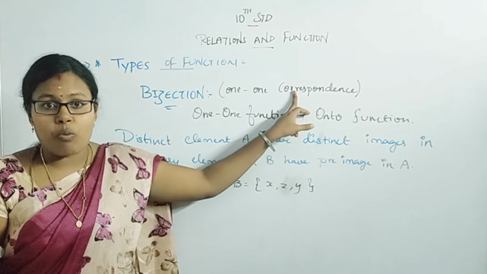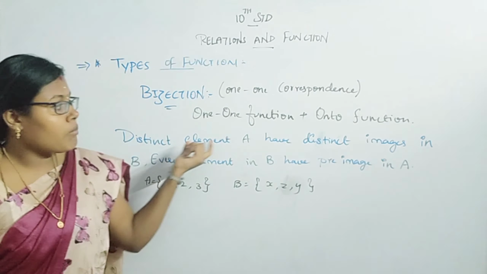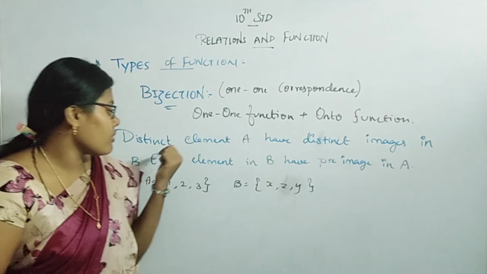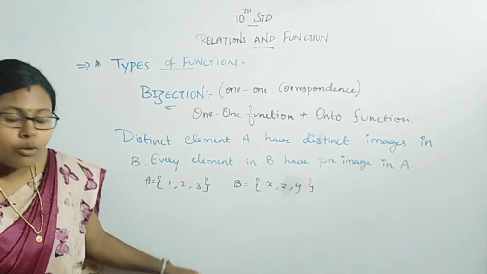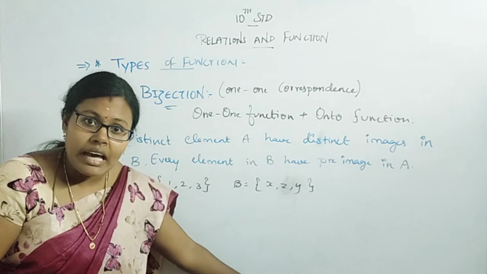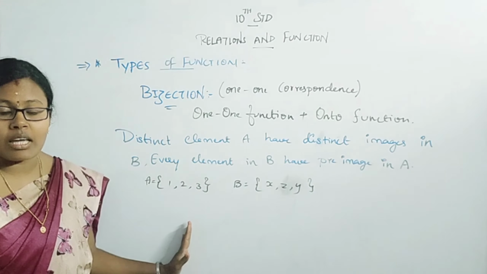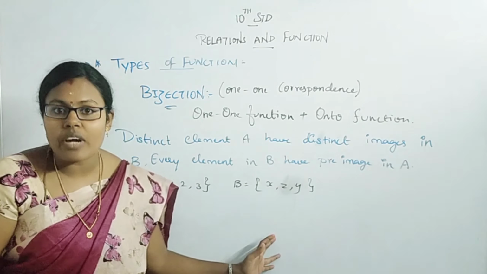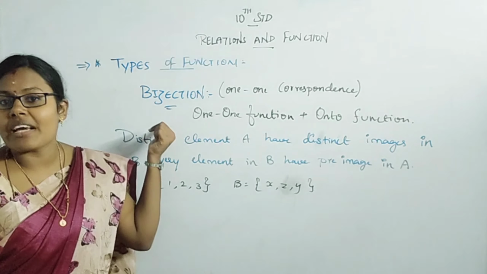So remember these points. Distinct elements of A have distinct images in B. Whatever elements you have in A have their own images in B, and even B has its own pre-images in A, which means codomain is equal to range. This is called bijection.